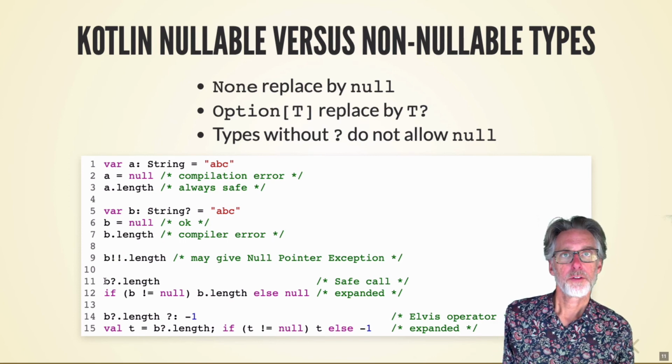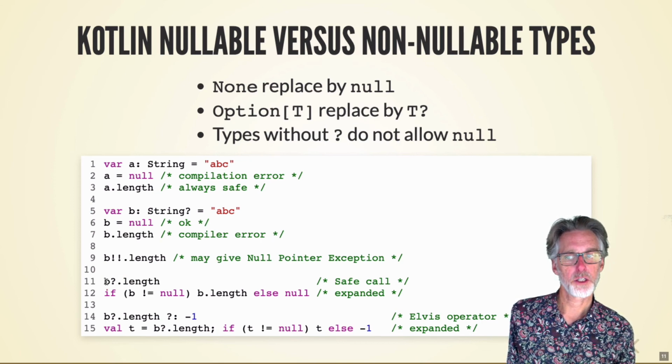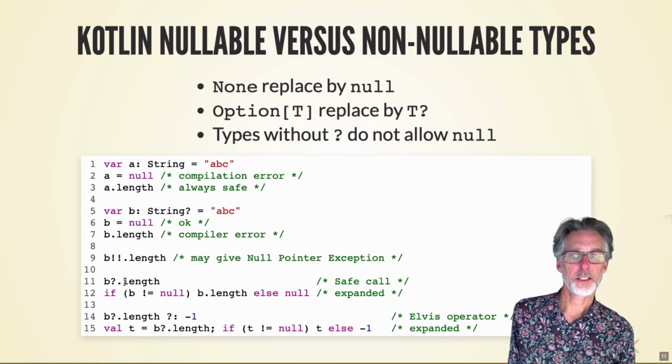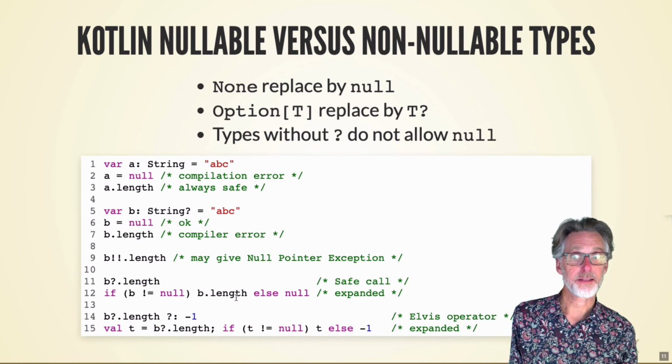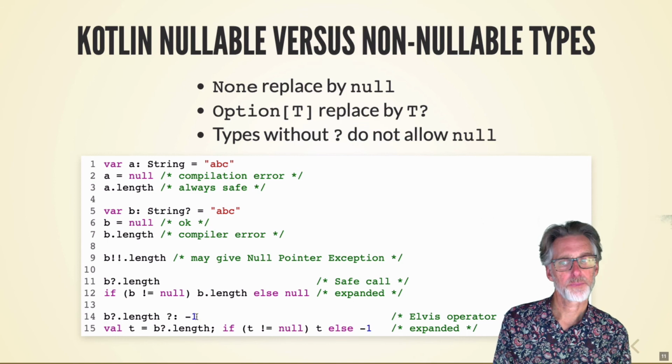We also have a safe call. So b?. will check b for nullity. If b is null, it will simply evaluate to null. And if b is not null, then this expression will evaluate to the length. Safe calls are often combined with default values. The ?: operator checks for nullity on the left.